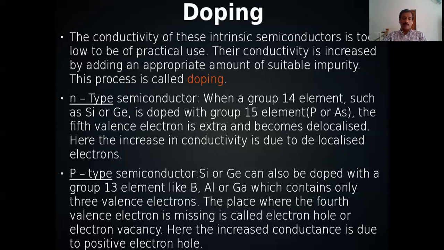That means an electron shifts to the hole, then a new hole is created, another electron will shift to that hole, another new hole will be created. In that way, the hole can move from one point to the other. Because of this movement of the hole, the conductance of group 14 elements will be increased, and it is known as a P-type semiconductor, conductance due to hole, therefore P-type semiconductor.